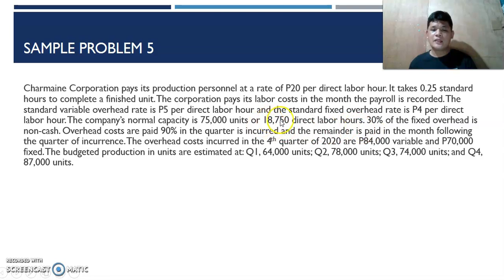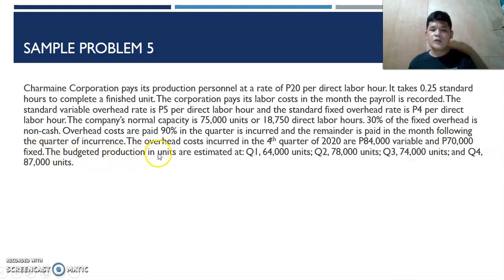So, ibig sabihin daw, class, ito yung normal na trabaho ng mga tao sa kumpanya. 30% of the fixed overhead is non-cash. Overhead costs are paid 90% in the quarter incurred and the remainder is paid in the following quarter of incurrence. The overhead costs incurred in the fourth quarter of 2020 are 84,000 variable and 70,000 fixed.